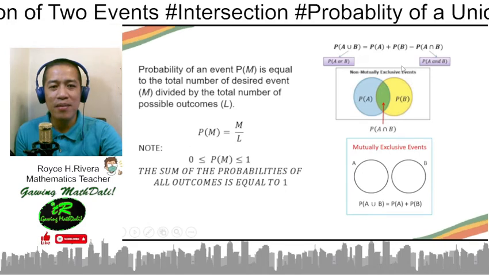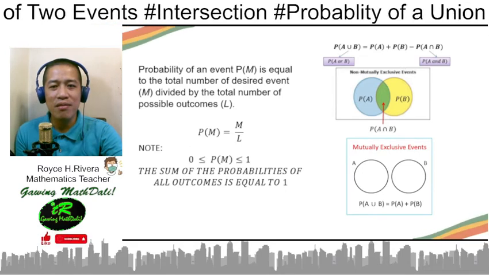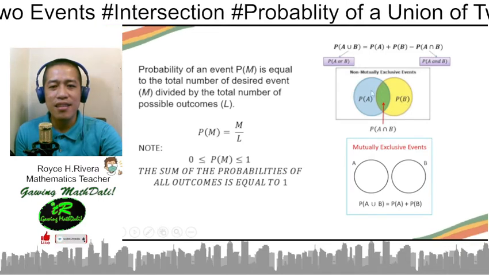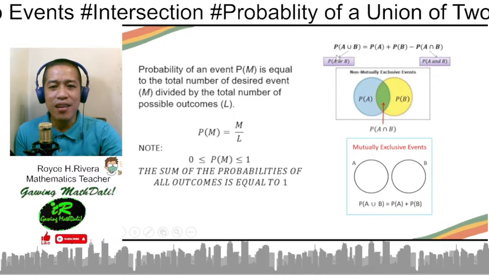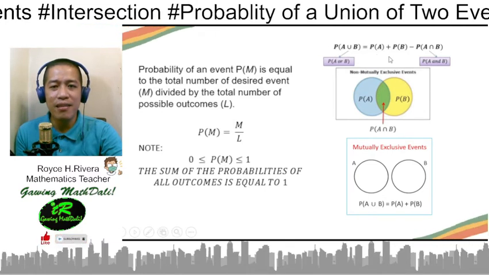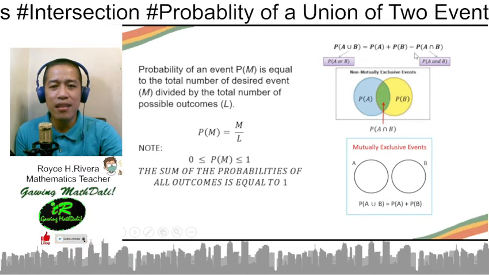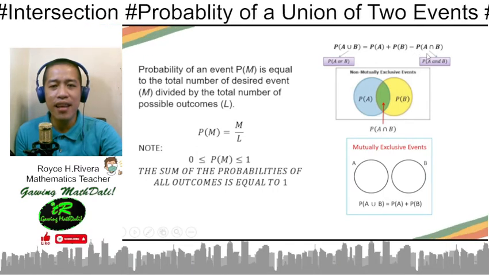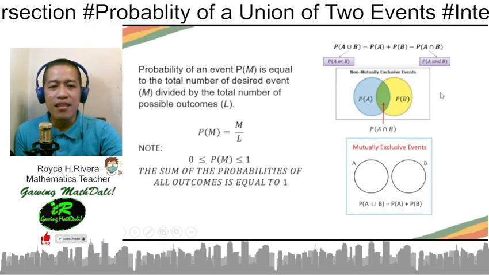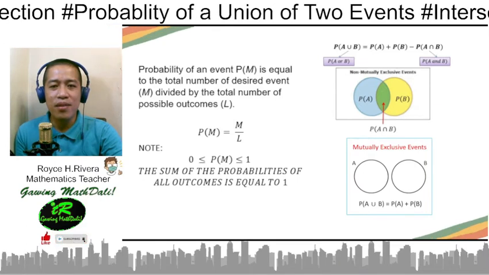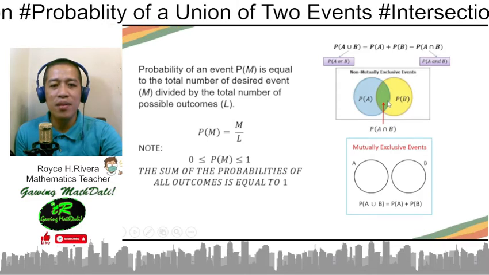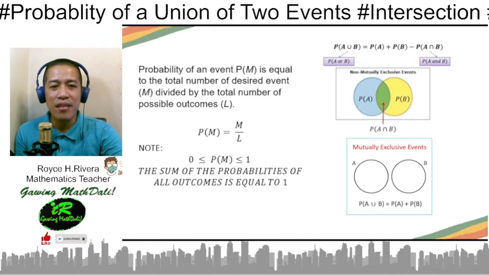Next, to get the probability of the union of two events, for example, events A and B, the probability of A union B is equal to the probability of A plus the probability of B minus the probability of A intersection B, meaning the two events are not mutually exclusive. There are elements that are both common to the two events.